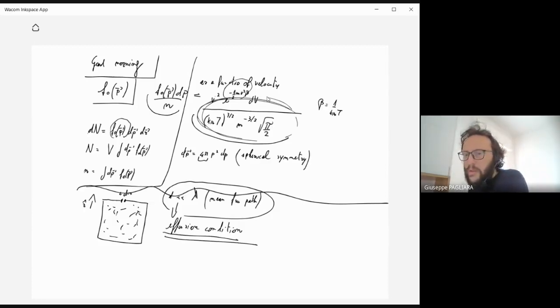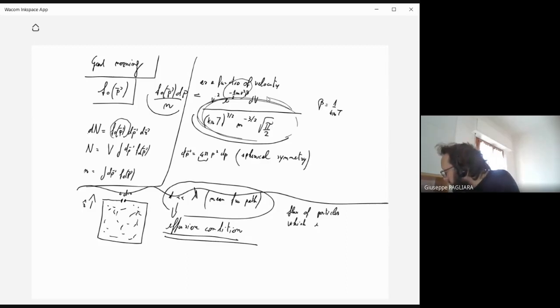So the particles that are exiting the box are a sort of sample of the particles of the whole system, as we are going to see in a moment. Indeed, the exercise is to find the flux of particles which exit the box. And once we determine the flux, we can determine the average. So this is the first question.